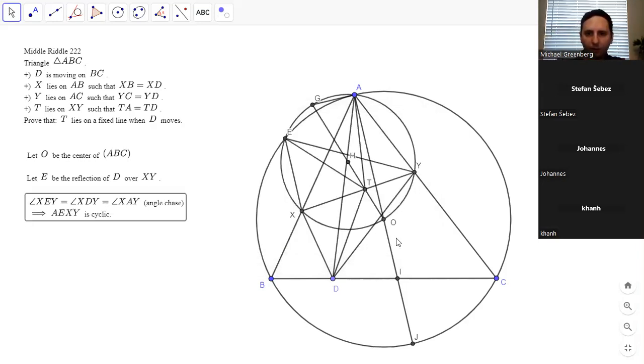And then also, we want to show that it lies on the circle of ABC, right? You can do that by calculating angle BED, which is half of BXD. And similarly for CED.